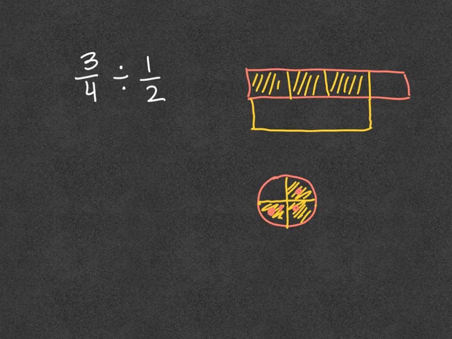Well, that is, let's change to blue. 1/2 of the whole is here. 1/2 of the whole is here. And so I have 1 full amount of the half. So it's, well, let's do this.